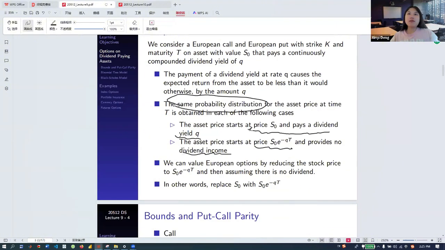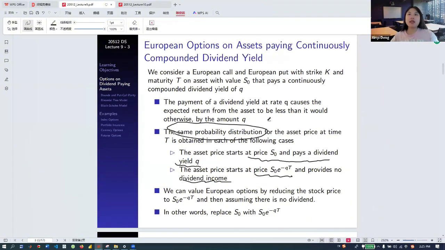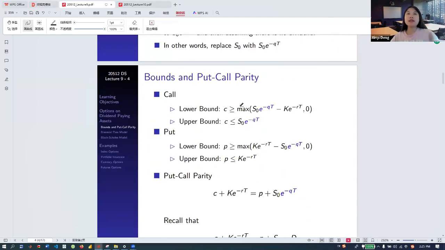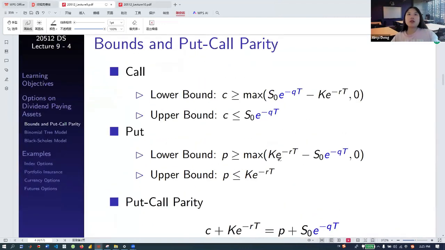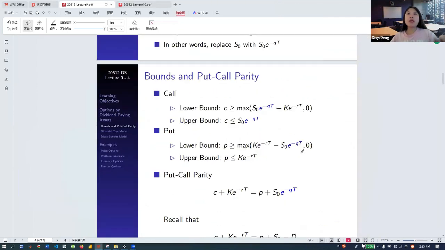So now let's move on. I will just skip this page because we already discussed this. So let's go to the boundary conditions and the put call parity. Recall that for the calls, the lower bound was the maximum of S0 minus K times e to the power of minus RT, or 0, right?